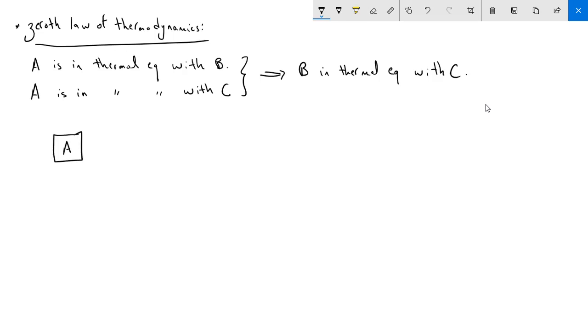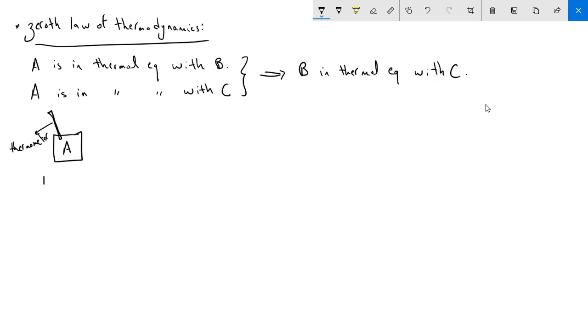Suppose, for example, we have object A here, and we measure this object's temperature using some thermometer. The thermometer and object A will be in thermal equilibrium. They will both have the same temperature.